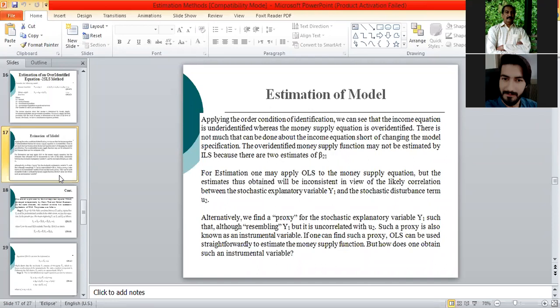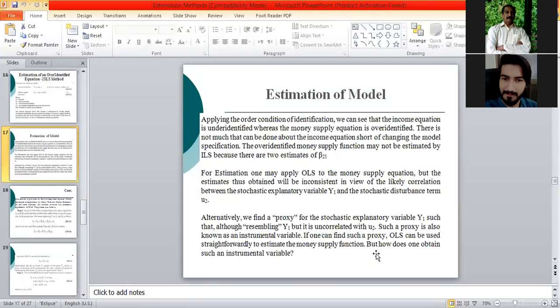It means there is no chance of the proxy variable being correlated with the error term. So if one can find such a proxy variable, OLS can be used straightforwardly to estimate the money supply function.